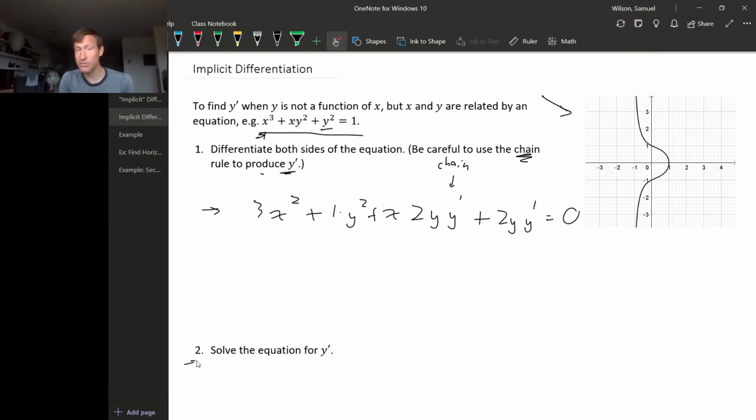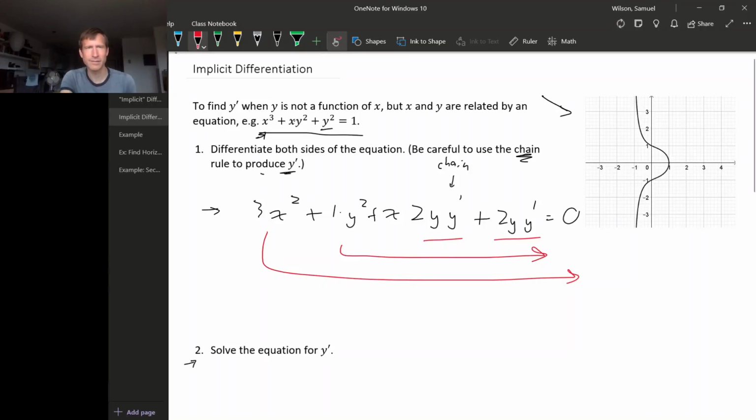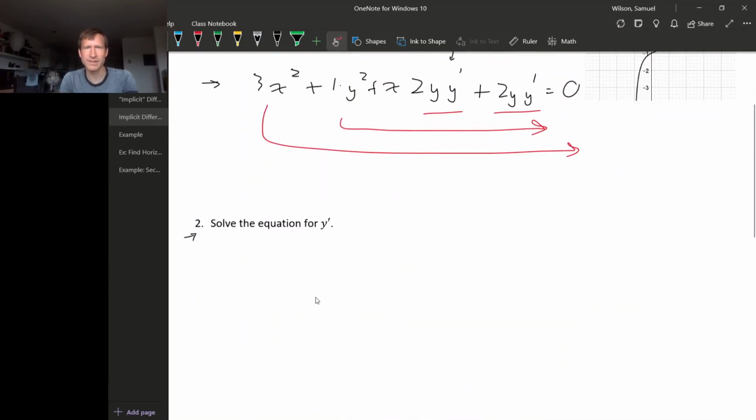Now solve for y prime. You can see we have 2 terms with y prime. So let's keep those 2 terms on the left. Let's move the other 2 terms to the right. So this gives us 2xy prime plus 2y prime equals minus 3x squared minus y squared.